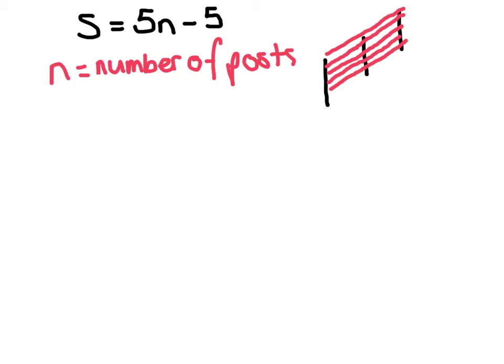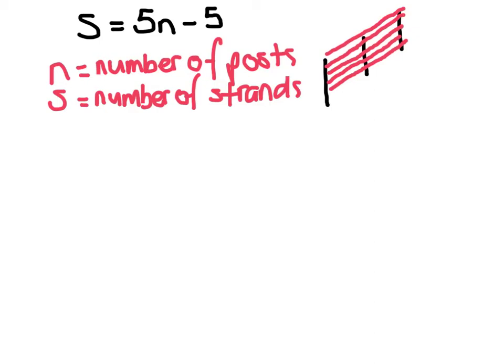And maybe we should also put in here, S equals the number of strands. Okay, a little diagram there hopefully to help you. Okay, so calculate S when n equals 3. So when I've got 3 posts, how many strands of wire do I need?